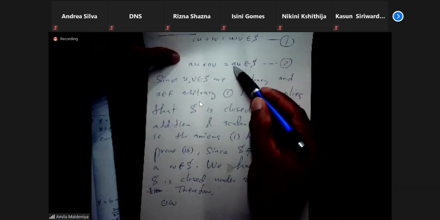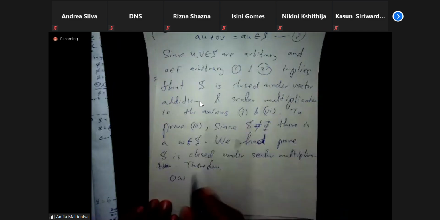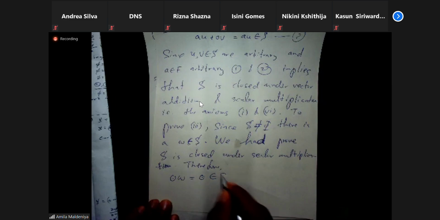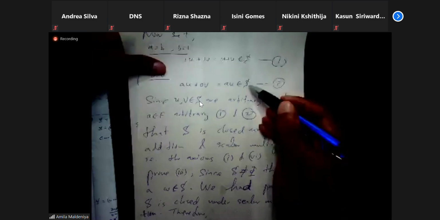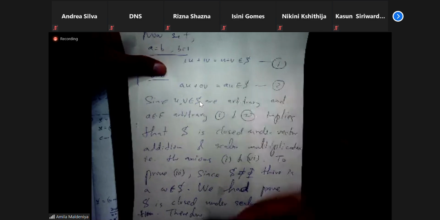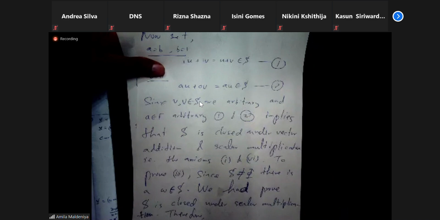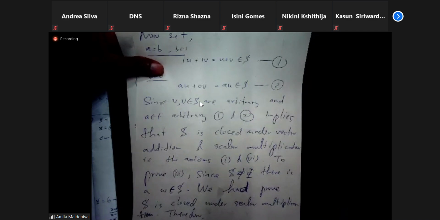I can set A as 0. A is a scalar. If I put A equals 0, then we get 0 times W, which is 0, and it is in S because S is closed under scalar multiplication.